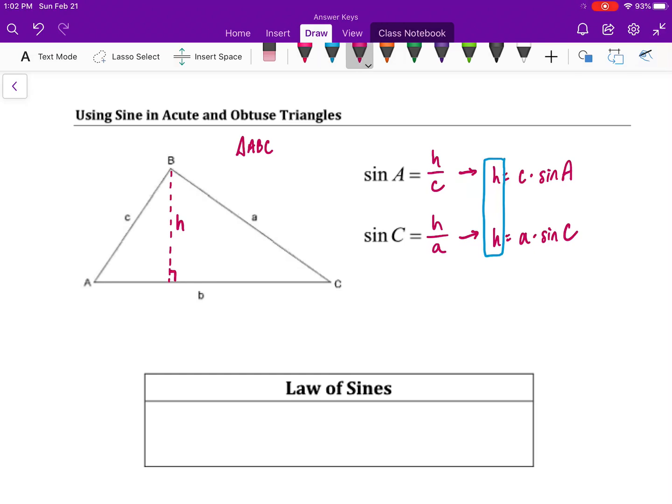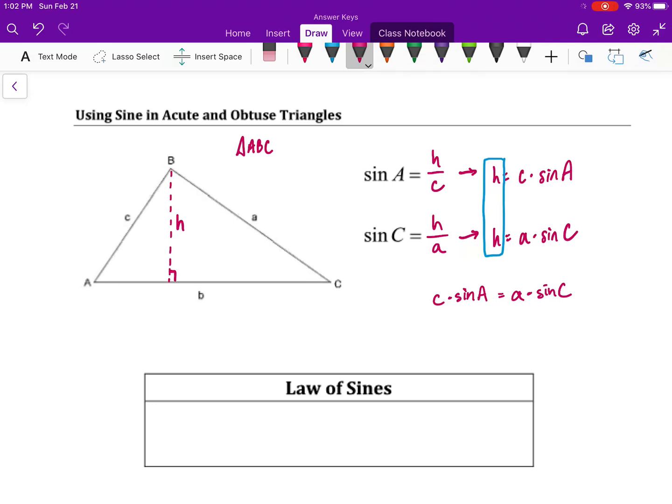So we now know that c times sine of A will be equal to a times sine of C. And as long as you have three of those pieces of information, you can solve for the fourth, even though this isn't a right triangle, allowing you to use sine to talk meaningfully about them.